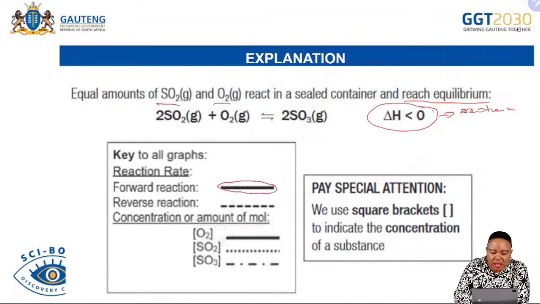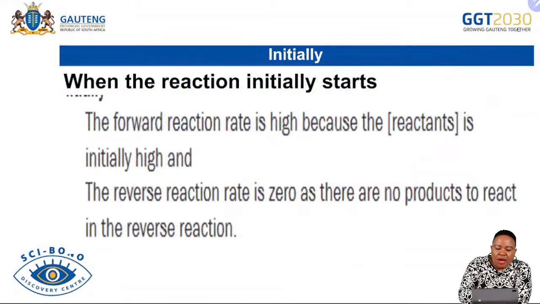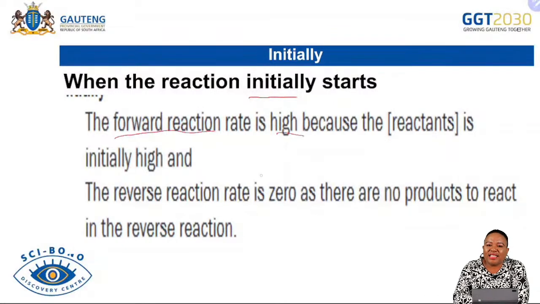For the oxygen it is the dark line, and then for sulfur dioxide a dotted line, and for sulfur trioxide a dash and a dotted line. So we know that these square brackets represent what? They represent concentration. Now, when the reaction initially starts, the forward reaction rate is higher because the reactants initially are higher. We expect that.